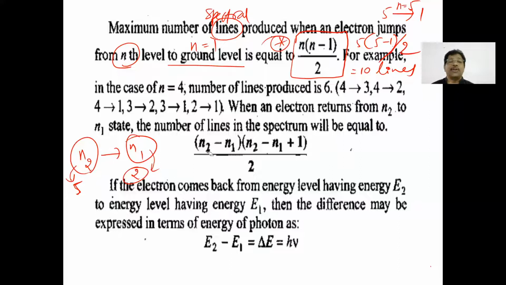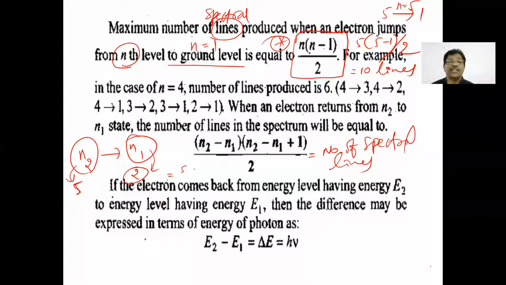In this case, we use a different formula for the number of spectral lines produced. It is equal to (n2 minus n1)(n2 minus n1 plus 1) divided by 2. N2 value we have taken as 5 in this example, and n1 as 2.